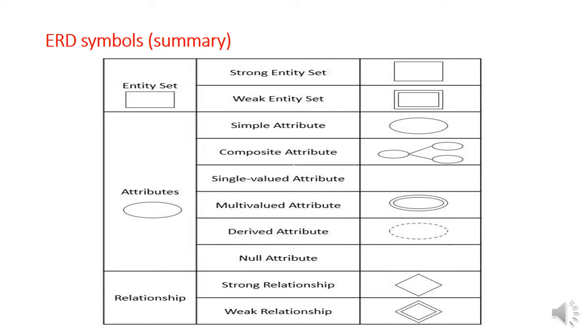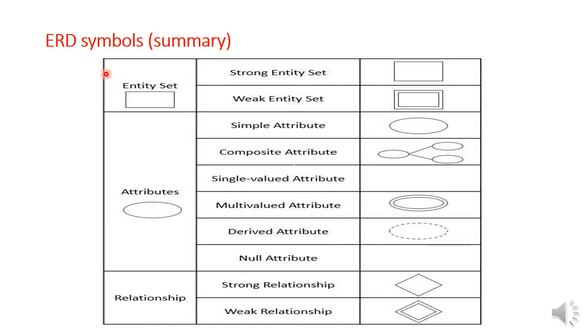So we can summarize ERD symbols by using this table. We have three columns: the first column, the second column, and the third column.